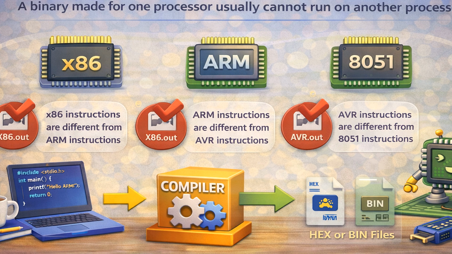AVR instructions are different from 8051 instructions. So if you compile a program for x86, it will not directly run on ARM. If you compile for AVR, it will not run on PIC. That is why the compiler must know the exact target processor. This is also why target selection is very important when building software for embedded systems.